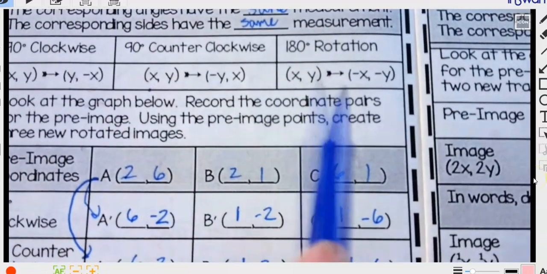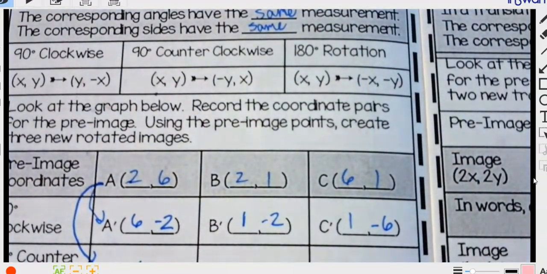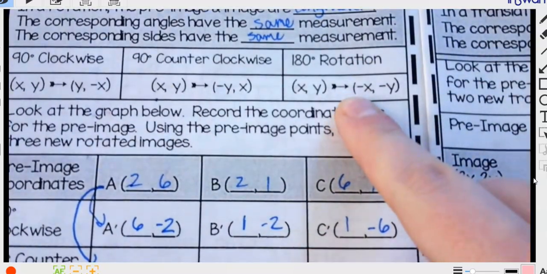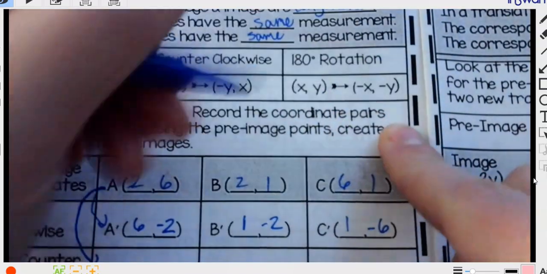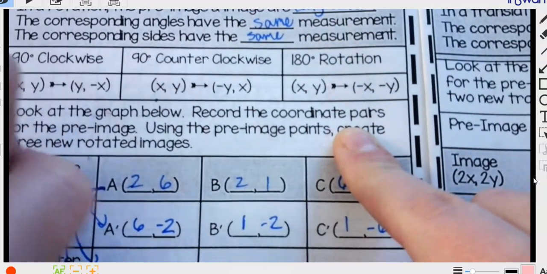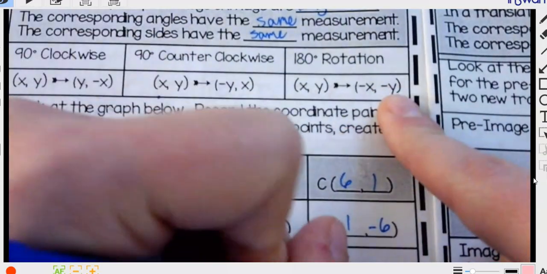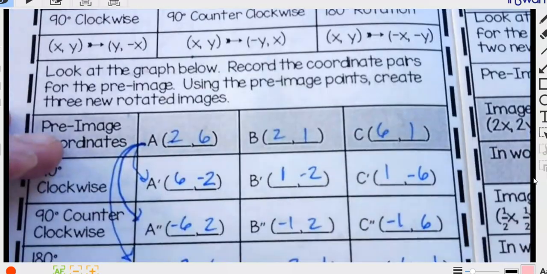This one's my favorite one. Anytime it says 180, you are just changing the sign of the x and y value. So the negative means to change the sign. All right, so it goes from positive to negative. So we're going here to here. So -2, -6, -2, -1, -6, -1.